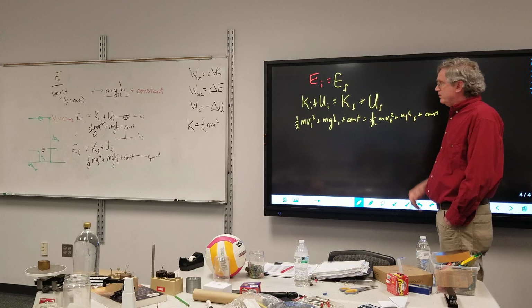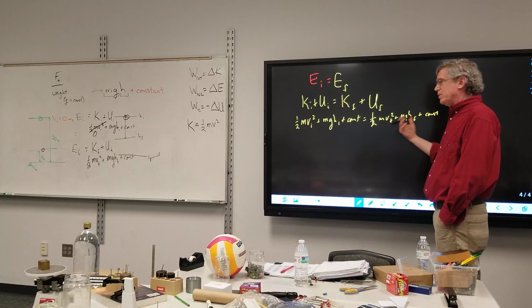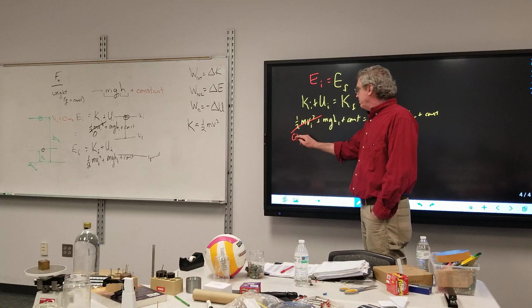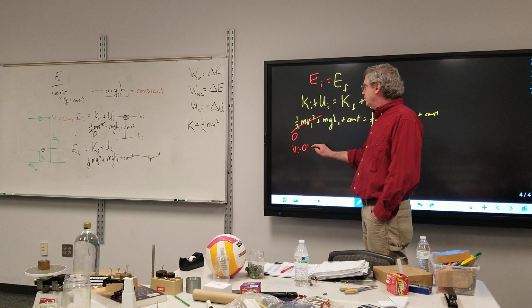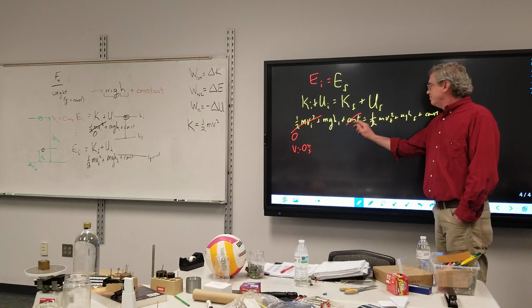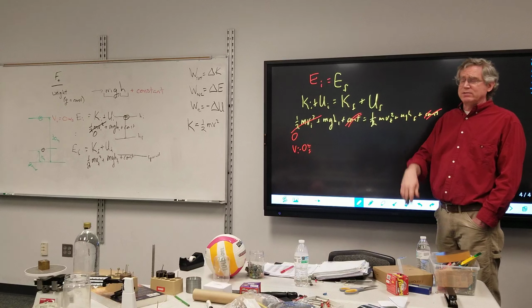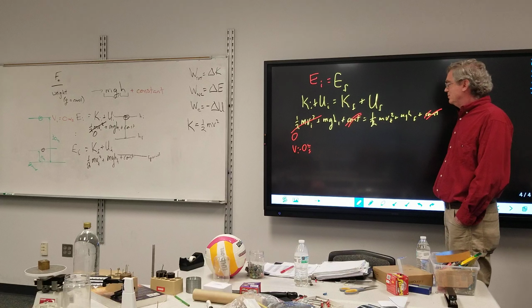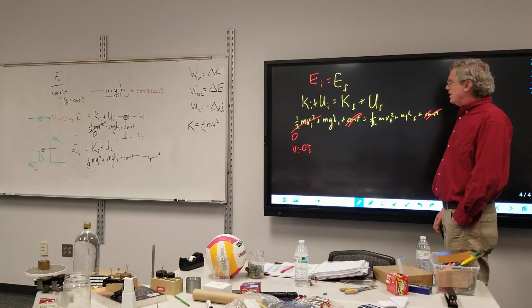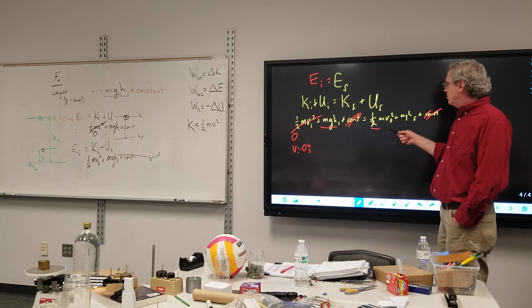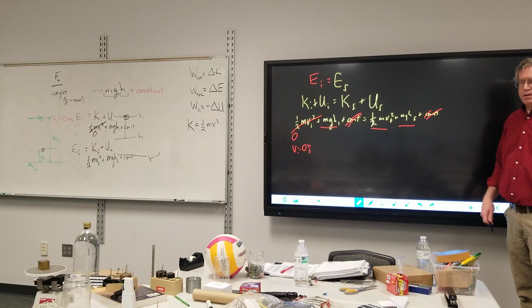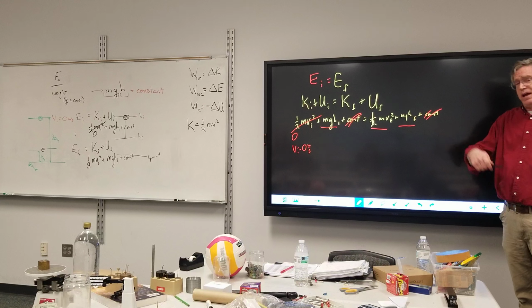And now we get rid of stuff. I've got kinetic plus potential equals kinetic plus potential. We've established the initial kinetic is 0 because my initial speed is 0. The constant is going to cancel out with whatever that constant is. I usually don't write it. Textbooks usually don't write it either. Then I'm left with this. Notice that I have mass in every single term, which means you could divide. So the shortcut is I could divide the mass out.